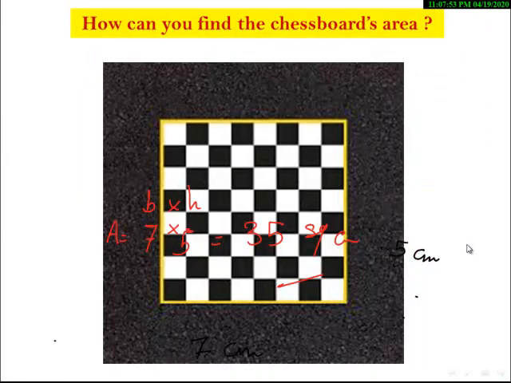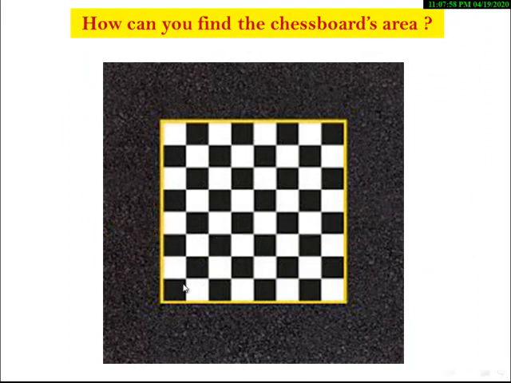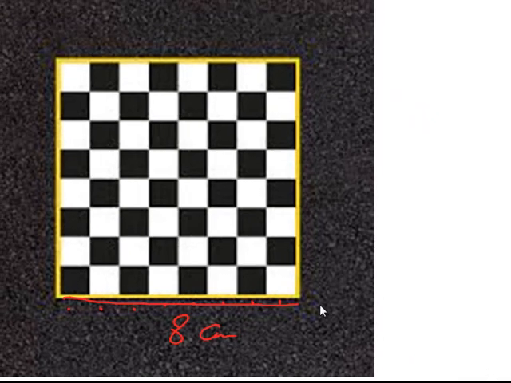Let's go to the next picture. How can you find the chessboard's area? Now, what is this side length? What is this side length, guys? 1, 2, 3, 4, 5, 6, 7, 8. 8, for example, centimeters.